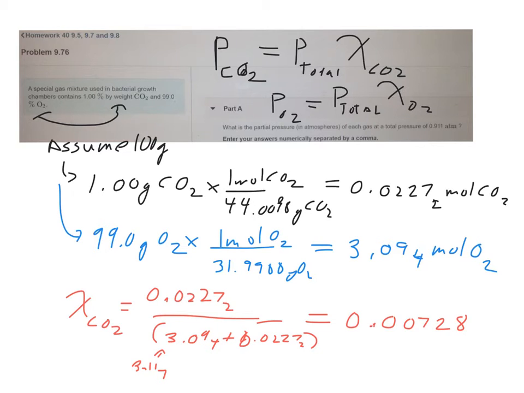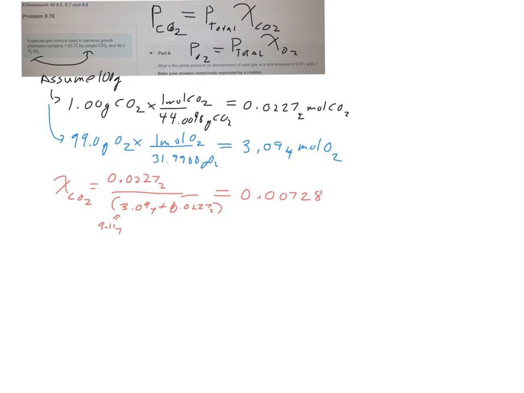Now I'm going to repeat the process. Alright, let's keep going here. We've got 1 mole fraction. Let's get the other real quickly. Mole fraction of oxygen is 3.094 moles of oxygen over our total moles from what we calculated last time, that little number we calculated last time.